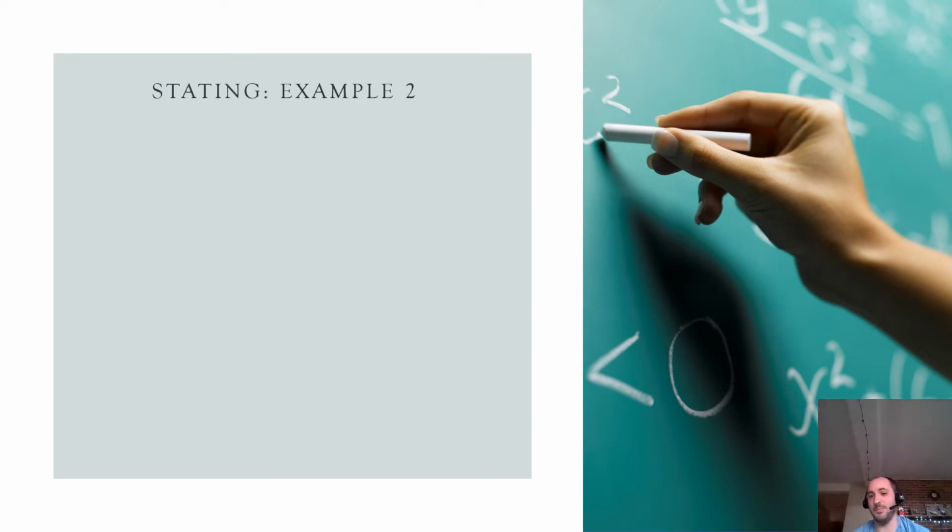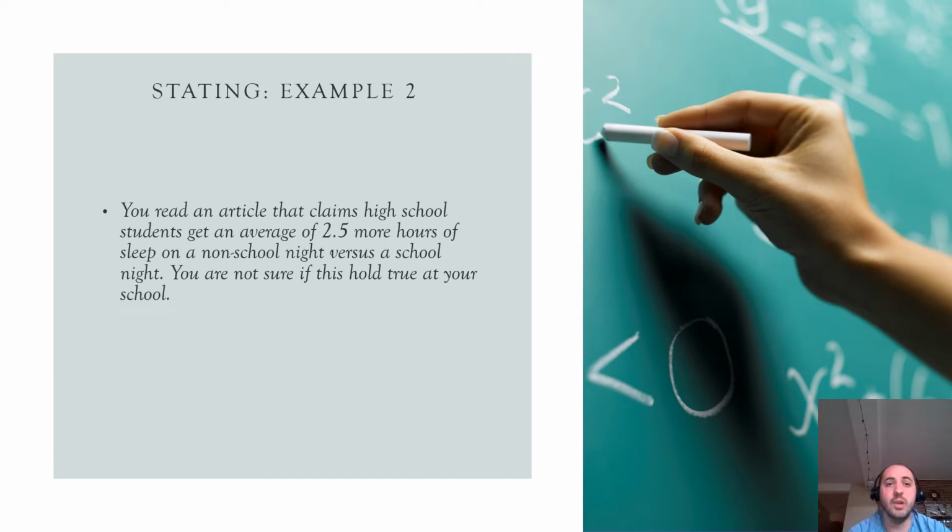A two-sided example could be something like this. You read an article that claims high school students get an average of 2.5 more hours of sleep on a non-school night versus a school night, and you're not sure if this holds at your school. So your two hypotheses are, either it holds at your school, so the true mean difference of sleep is 2.5 hours, or it's not 2.5 hours.